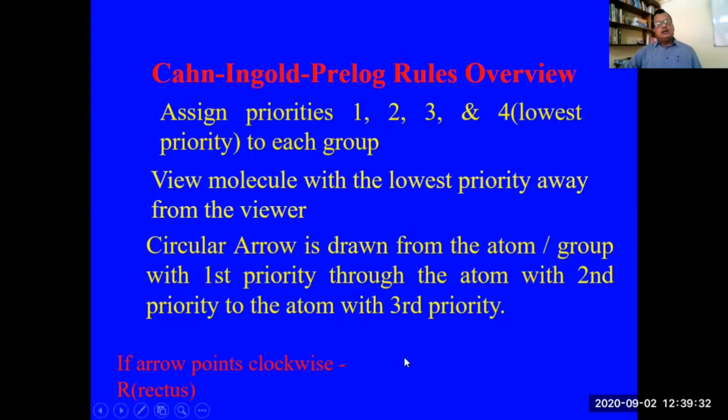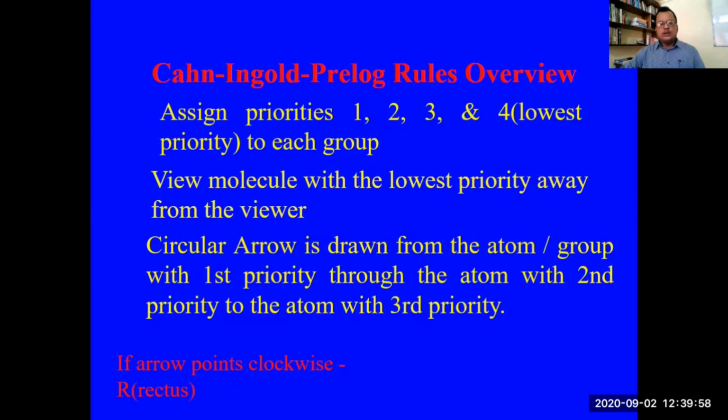Here, again I am repeating, you will determine the priority of the 4 atoms or groups attached to the asymmetric carbon, and then you observe the sequence 1, 2, 3 in such a way that the lowest priority is away from you. If it is in the wedge representation, then the lowest priority must be in the broken wedge.